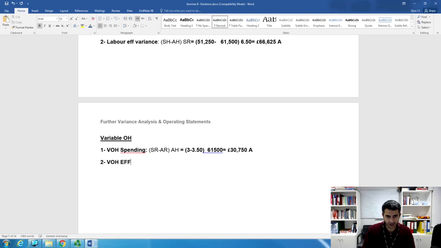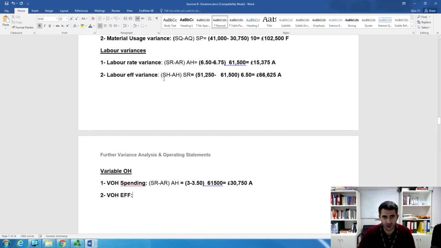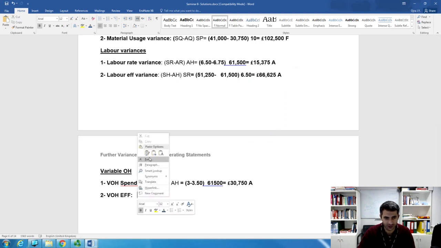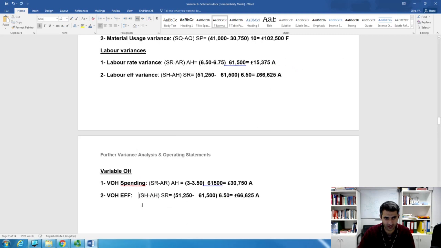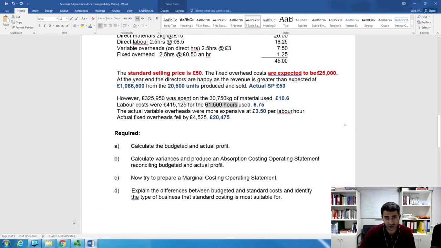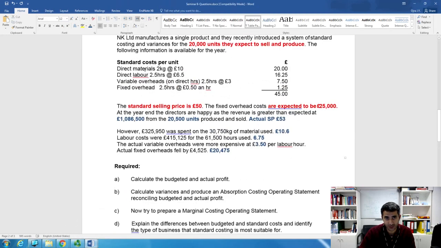So the second formula for variable overhead is the variable overhead efficiency variance. Again, the formula is exactly the same as this one. Standard hours is the same as for labor, because if you look at the question, you will see that the required hours is the same.